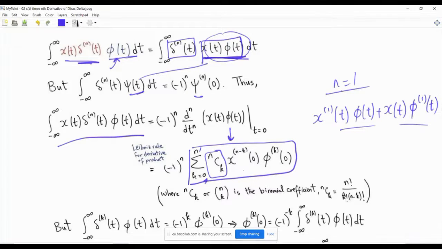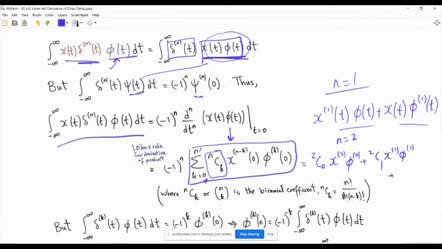So for example, if n is equal to 2, what will this be? It will be 2C0, which is 1, and then we will have the second derivative of the first function multiplied by, if the superscript is 0, then I'm talking about the function itself, so this is actually phi. Then if k is equal to 1, we have 2C1, and then the first derivative of the first function multiplied by the first derivative of the second function.